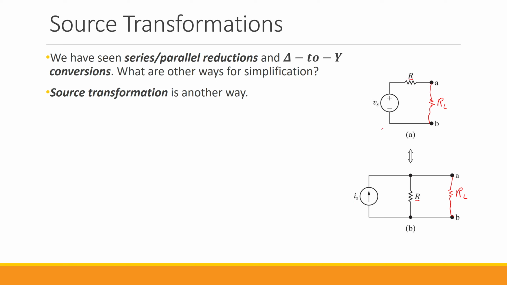More specifically, we don't know the relationship between Vs and Is. If we know it, then anywhere in another circuit that we have a voltage source in series with a resistor, we can easily convert it to this configuration if it helps us simplify our circuit, or vice versa.